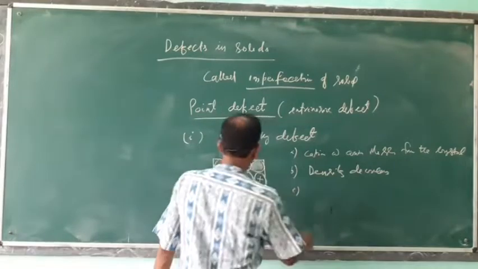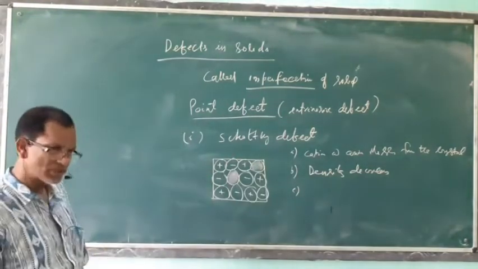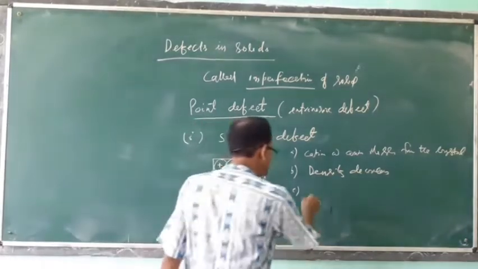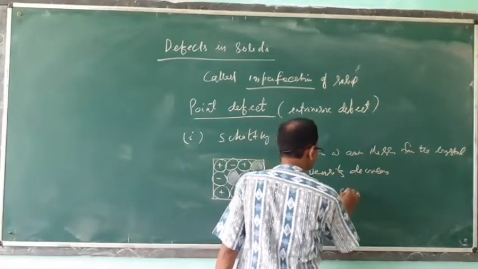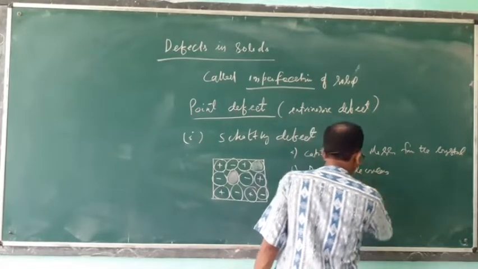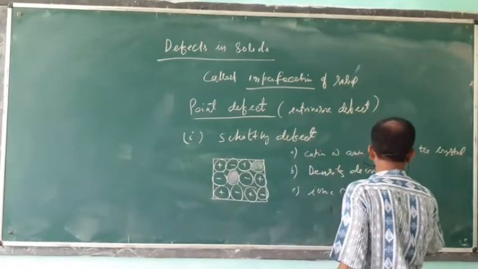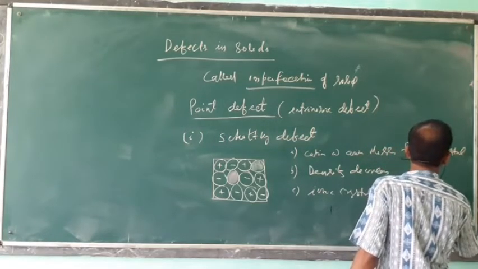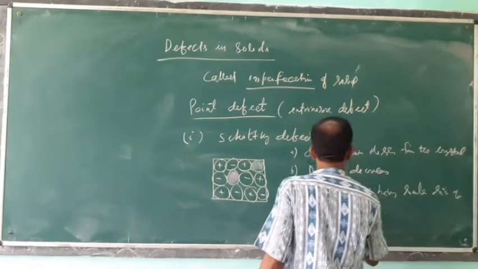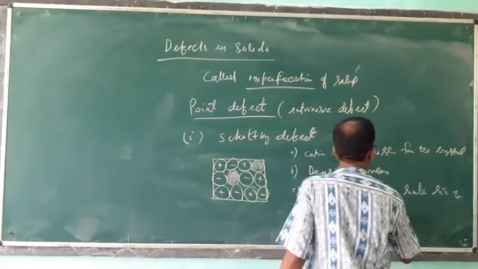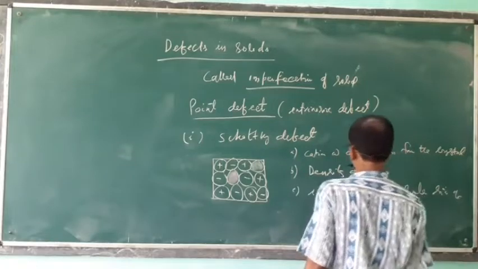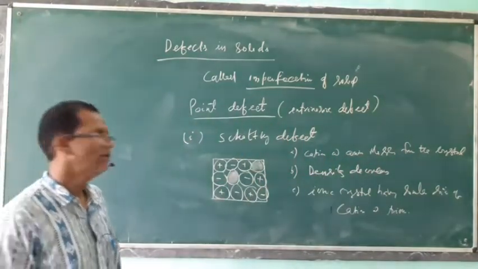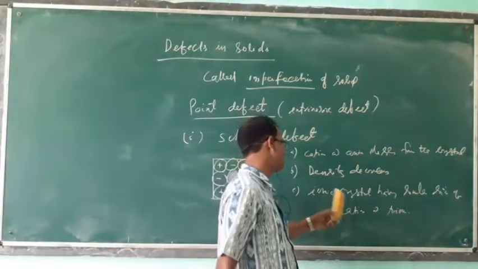Then, what type of crystal shows this? Ionic crystals having similar size of cation and anion generally show this defect.